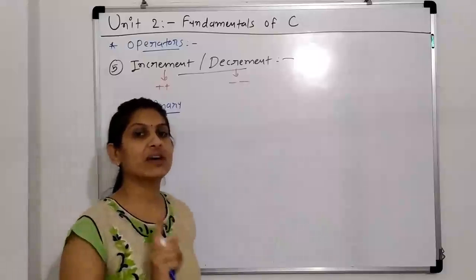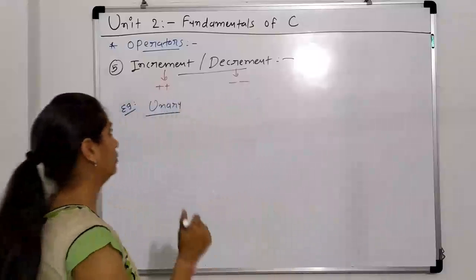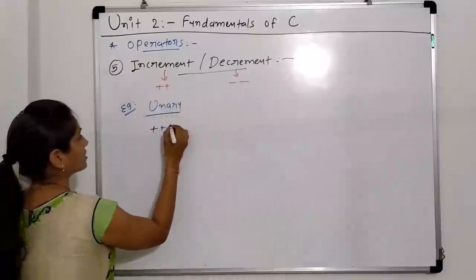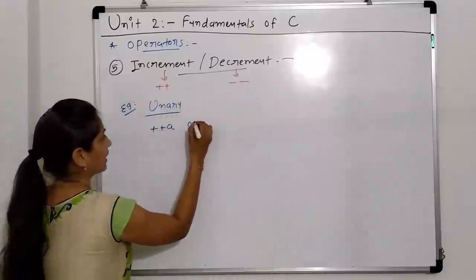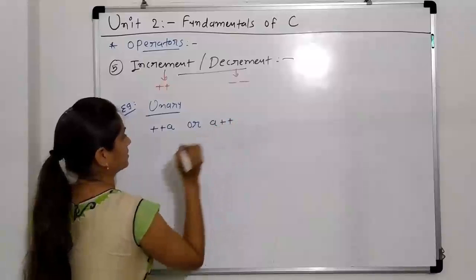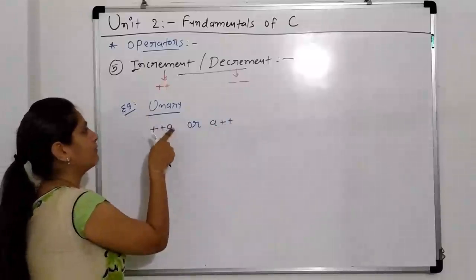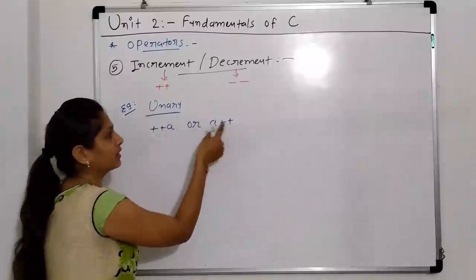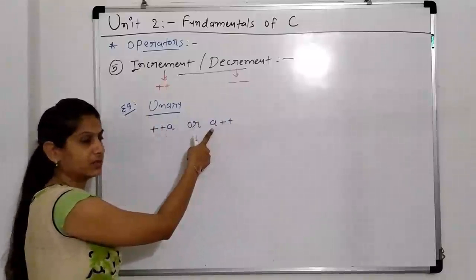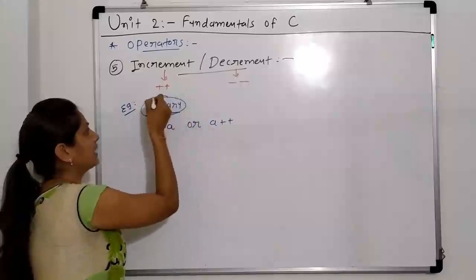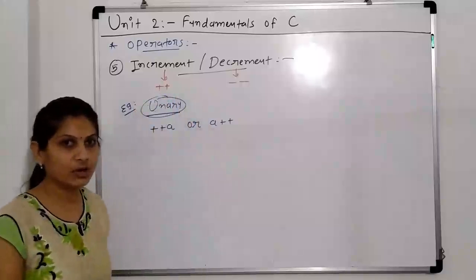Only a single variable is used. How? The example is plus plus a, or you can write a plus plus. So plus plus is our operator on a single variable. Here also a single variable. Clear? So a single variable indicates it is a unary operator.